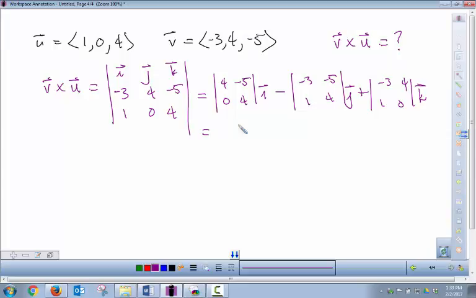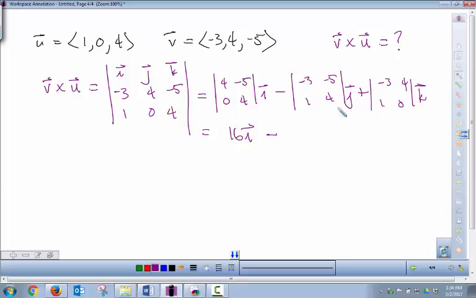Yeah. So V cross U is not the same as U cross V, correct? That's what we're trying to figure out. All right, so I think the vector that we're trying to get here is, let's see, 16 minus 0, 16 in the I direction.